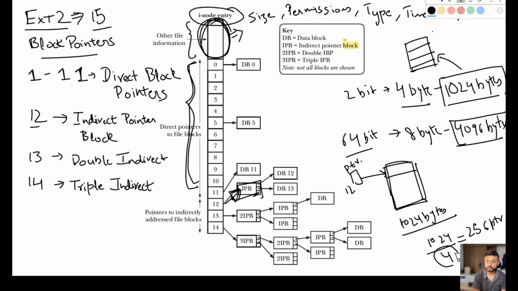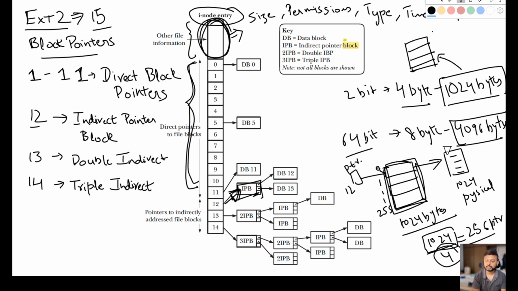This is because the size of a pointer on a 1024 page size is 4 bytes, and with this calculation we get 256 pointers on this physical page. Each pointer on this physical page would point to a 1024 size physical page, which actually contains the content of the file. So with such indirection, we'll be able to store 256 into 1024 bytes of data.